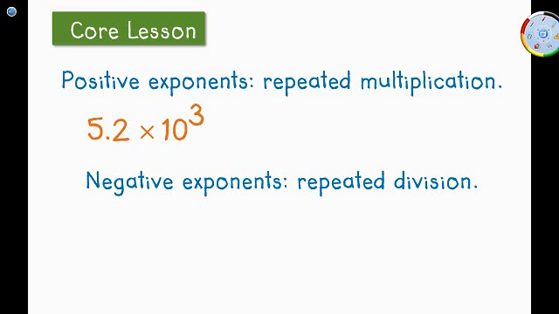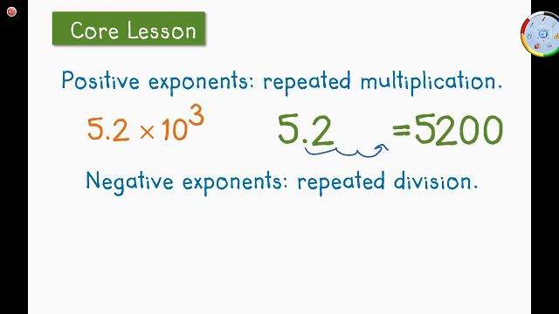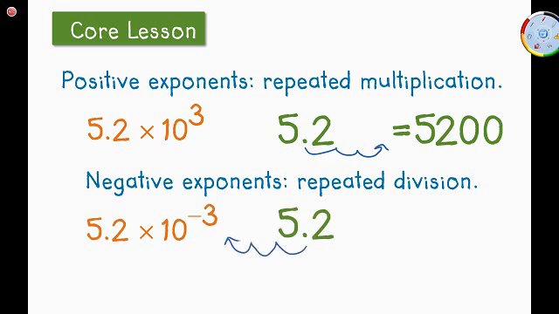For a positive exponent, we have 5.2 times 10 to the third. We start with our 5.2. That's our number between 1 and 10, and then we move that decimal 3 positions, and we end up with 5,200. If we have a negative exponent, 5.2 times 10 to the negative 3, we start out with the 5.2, and we move our decimal in the opposite direction, going to the left as though we were dividing.